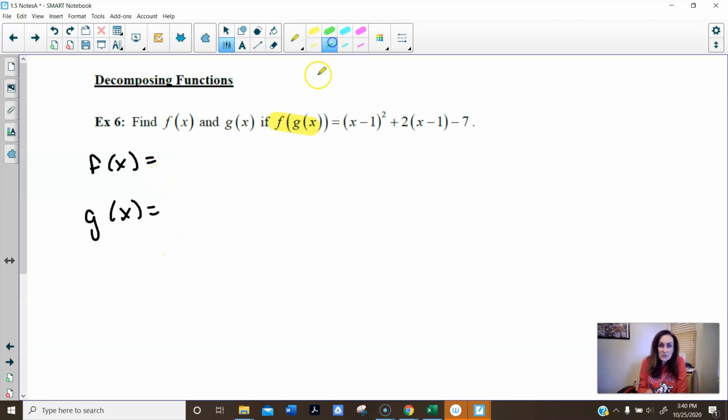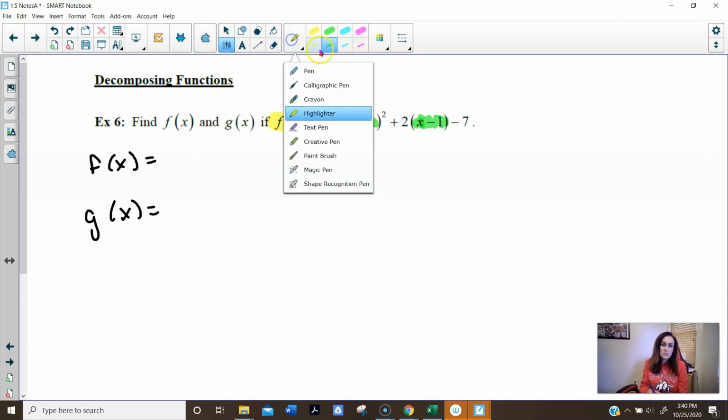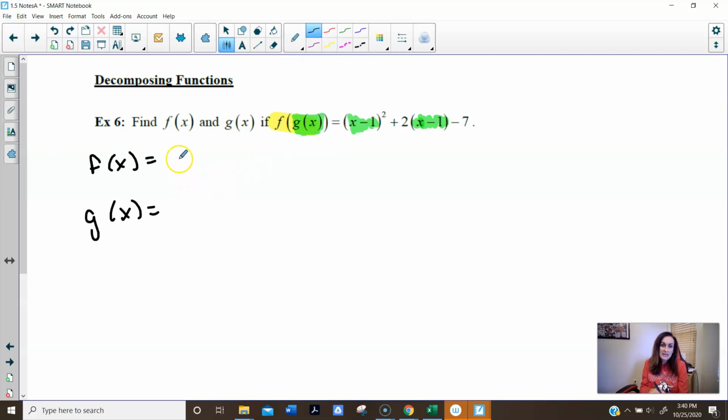What I like to do is, you notice how g of x is on the inside of the function. I like to take these parts that are on the inside of the function and let them represent g of x. So g of x is going to be x subtract 1. Now, f of x, what I can do with f of x is I can replace these insides with x.